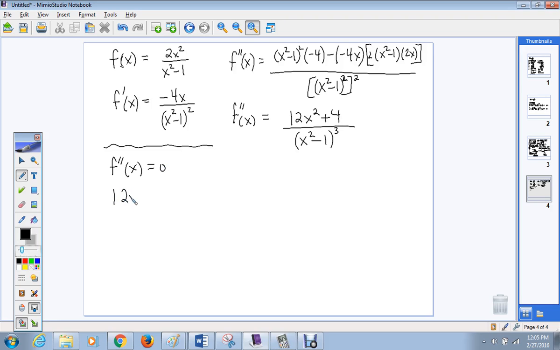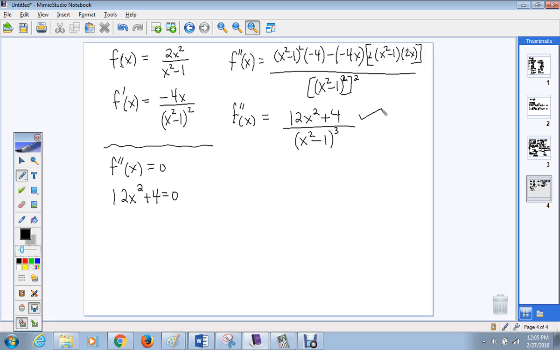So if we set our second derivative equal to 0, again, we only have to set the numerator equal to 0, because we could say we're going to multiply both sides by x squared minus 1 cubed. That would go to 0 on the right side in this case.